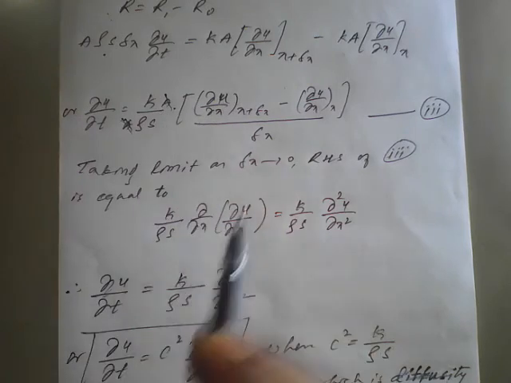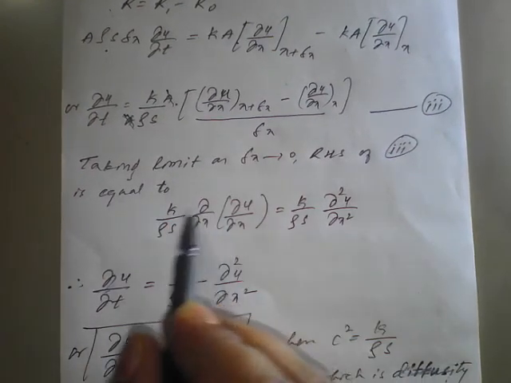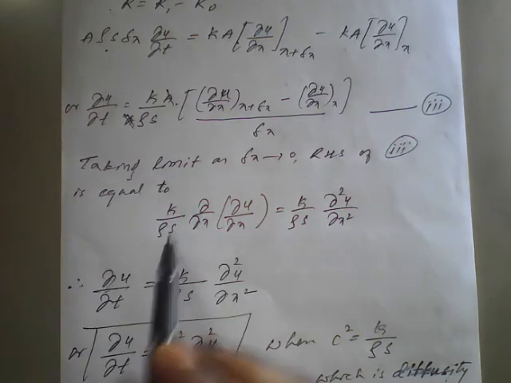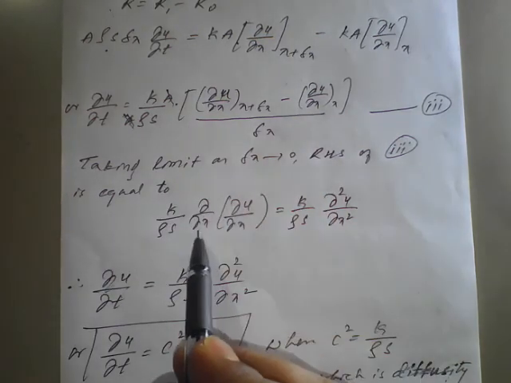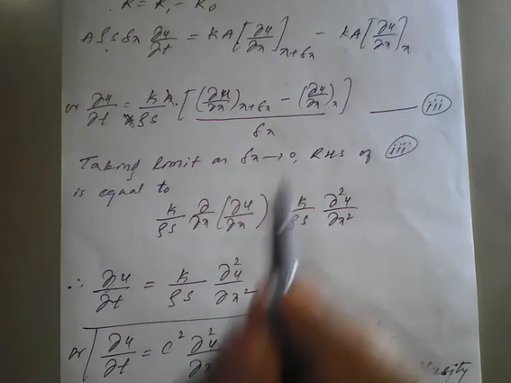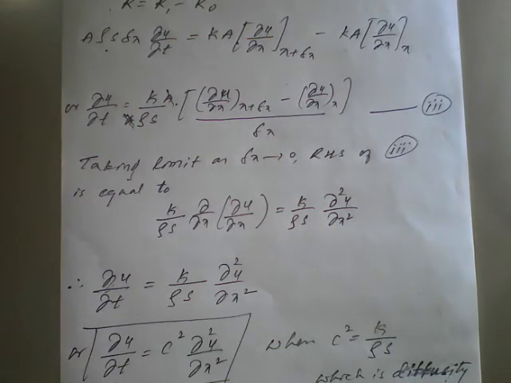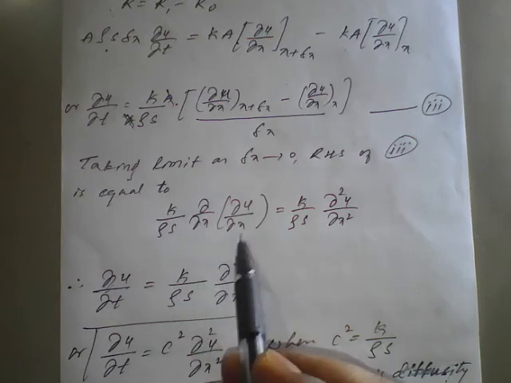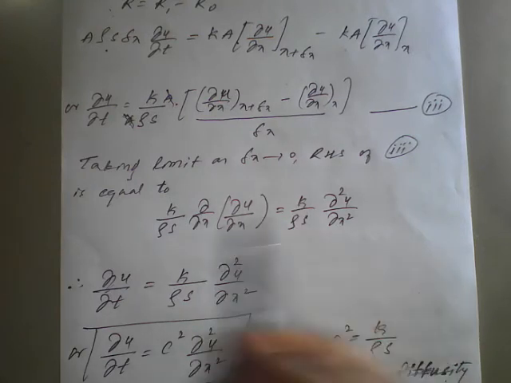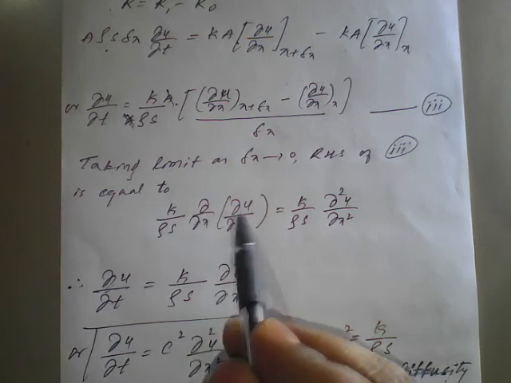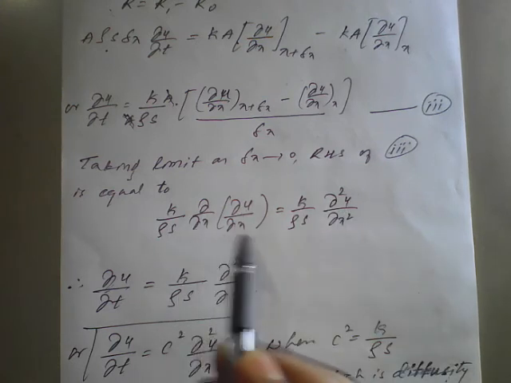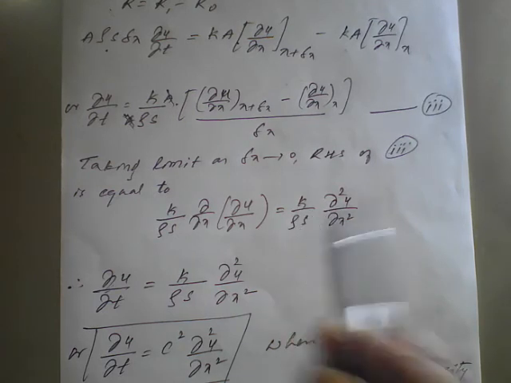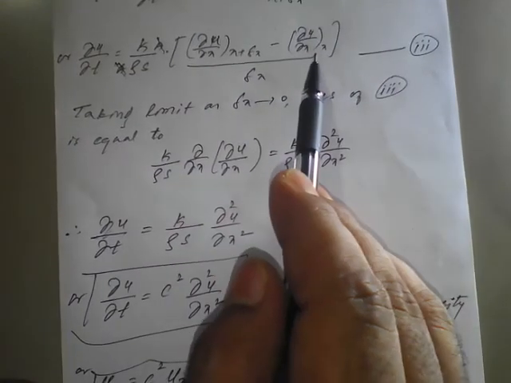K by rho S stays, and by the definition of derivative the limit becomes dou by dou x of dou U by dou x, which is dou squared U by dou x squared. This is the result for the right hand side, which we apply in equation number 3.